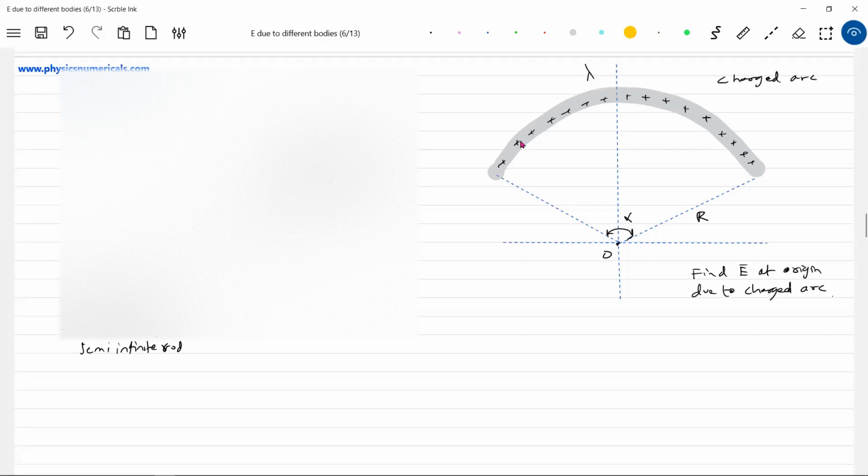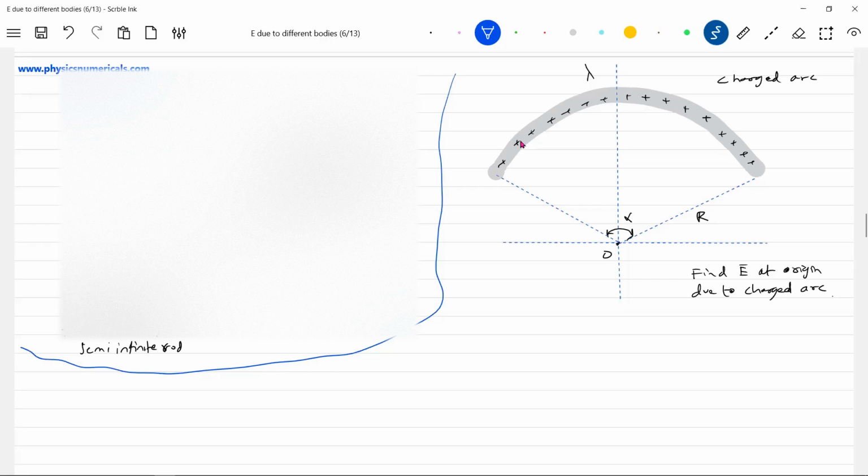What can be done? We don't have any formula, no? So what shall we do? Again, we are going to assume an element. First we'll assume a small element, then due to that small element at the origin, what is the electric field? Then I'll integrate.